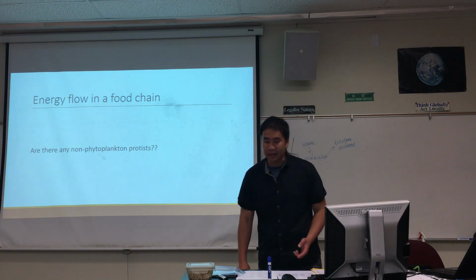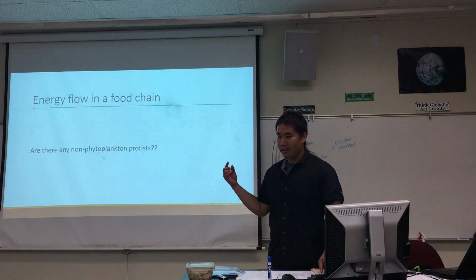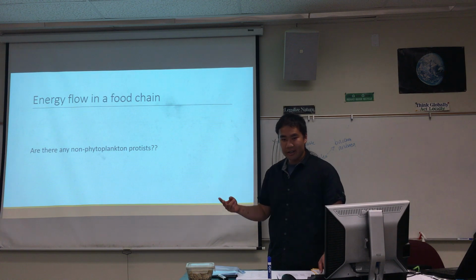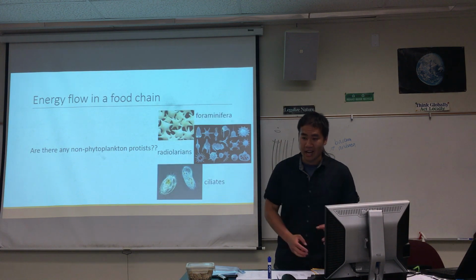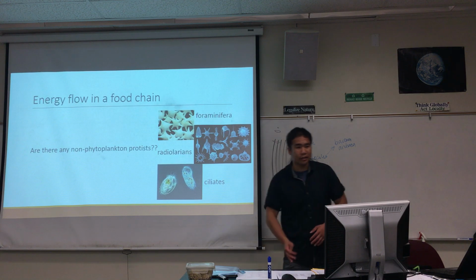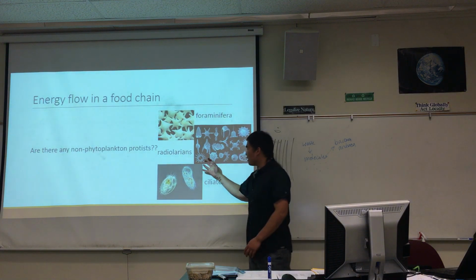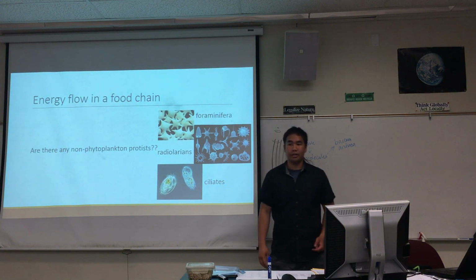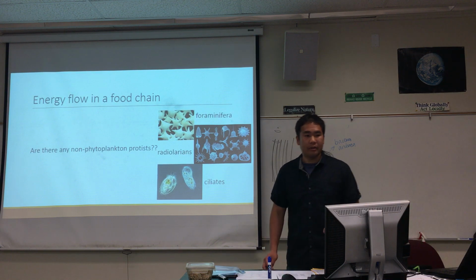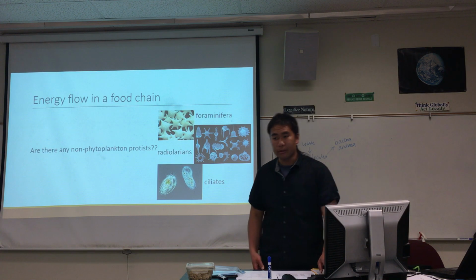And we got radiolarians, foraminifera, and the third one? Ciliates, exactly. These ones that I finished the last lecture on, these guys can eat. They are consumers. They are protists, so they are in those size groups, right? They are the ones that are small enough and big enough at the same time.